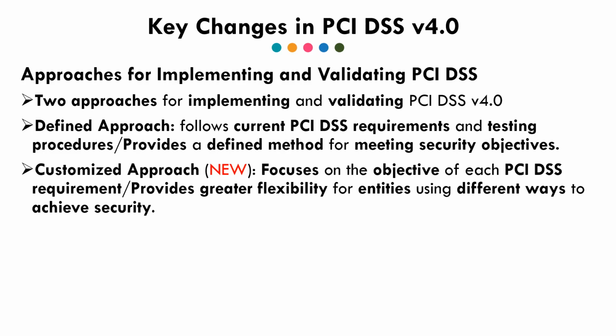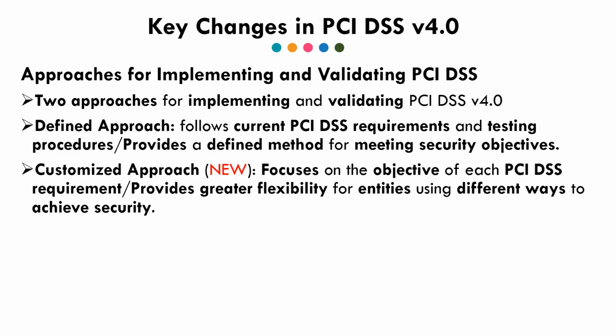They were what we call the defined approach. So if the requirement stated that you are supposed to implement a multi-factor authentication, you did just that, right? If you couldn't meet it, then you have to put in place what we call compensating controls, right?